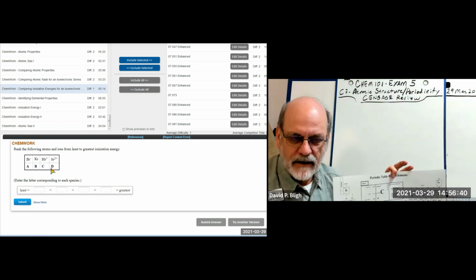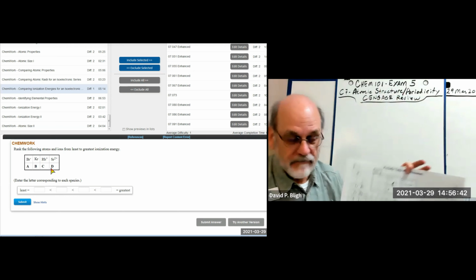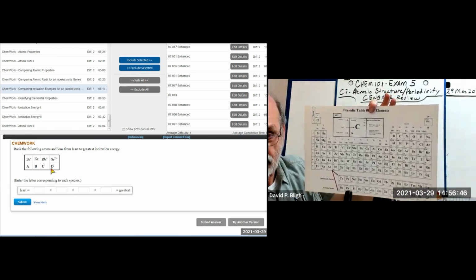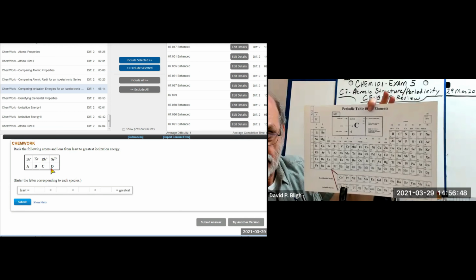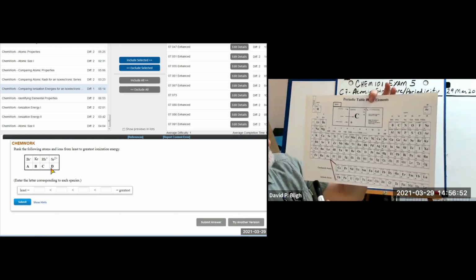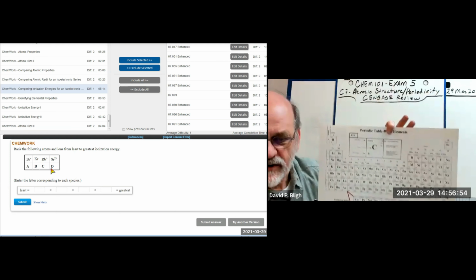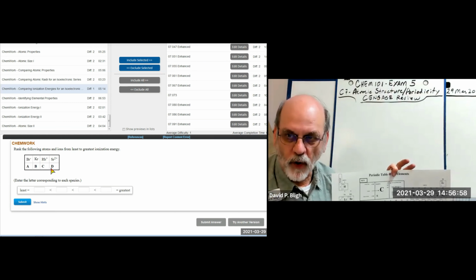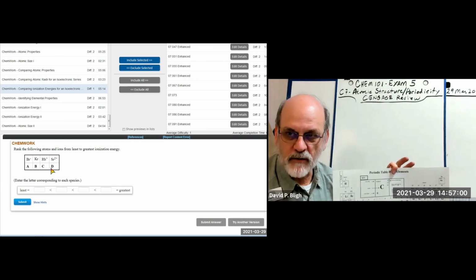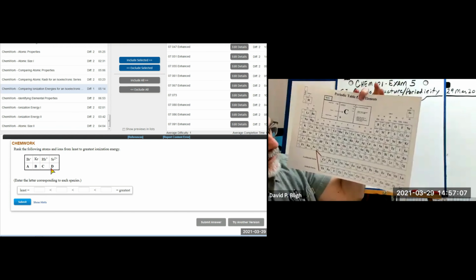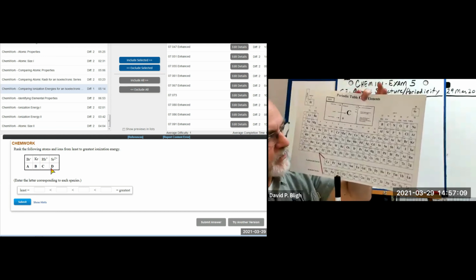But that means that if we remove an electron, let's see. The question is, are we removing electrons from the core, or are we removing them from a valence electron? Well, bromine has how many valence electrons?